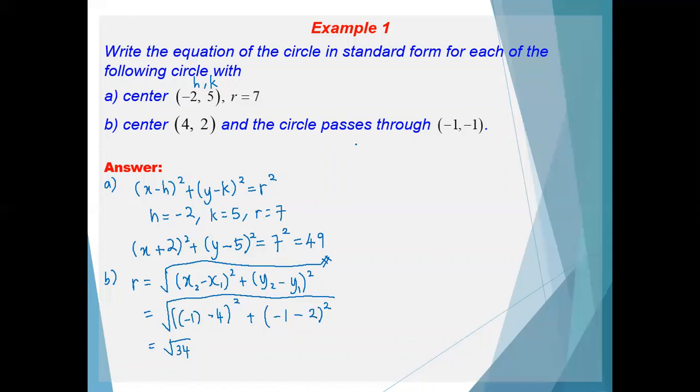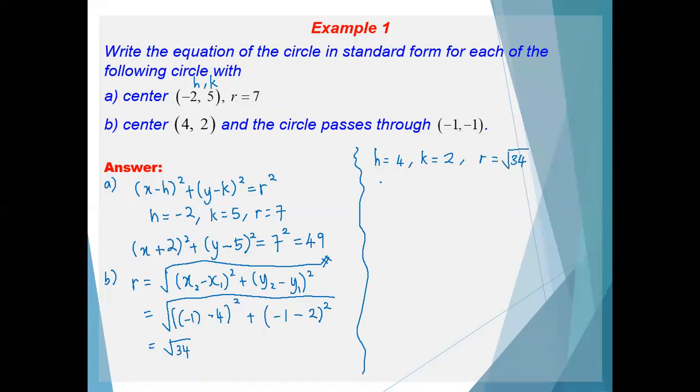So the center is (h, k) = (4, 2). So h is equal to 4, k is equal to 2, and r is equal to square root 34.